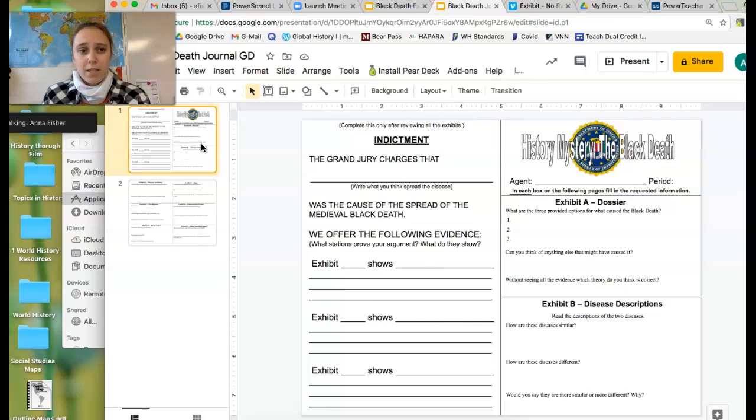So that really makes sense for the trade routes part. They also think that it was spreading on fleas that were on rats, but that it was both. That both of these things were happening at the same time.